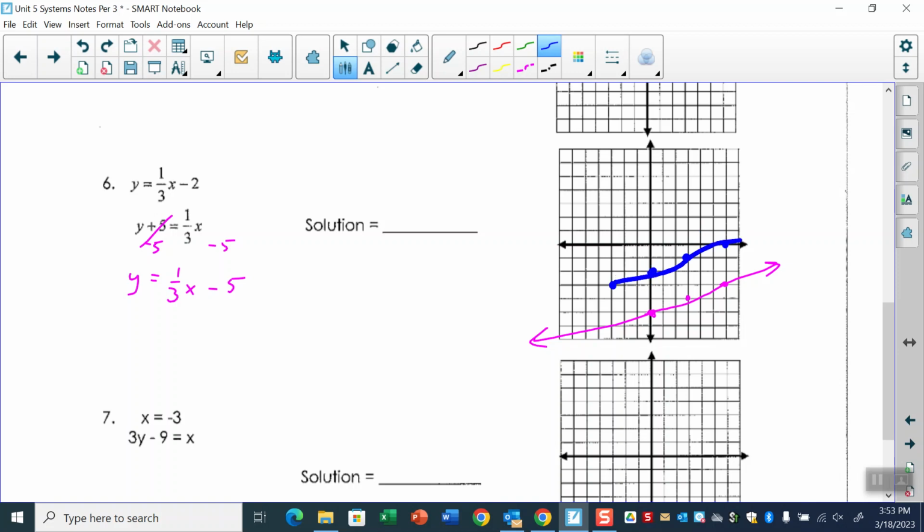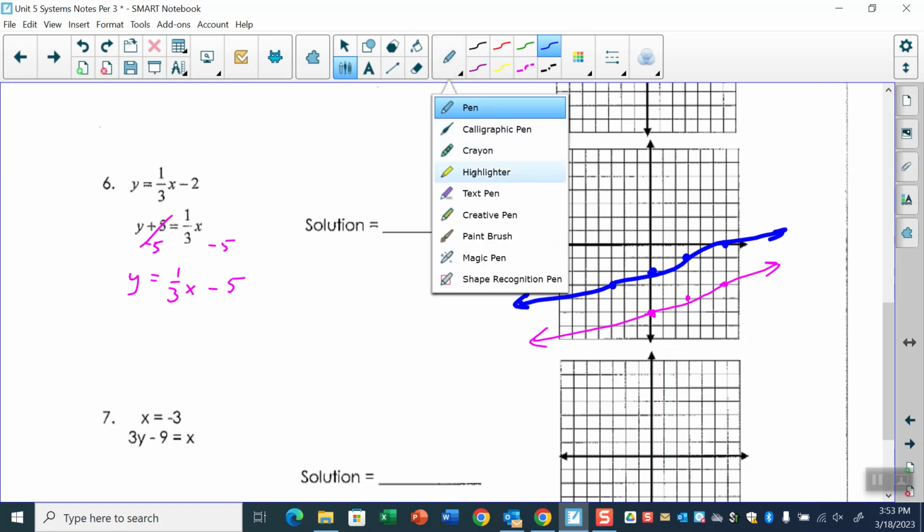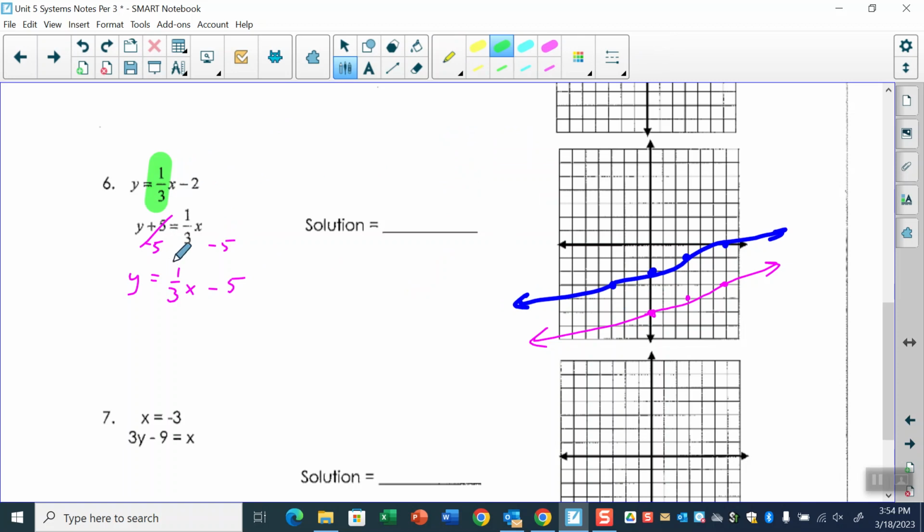Both slopes are 1/3, so they do not intersect. If they have the same slope, then they are parallel. So there is no solution, no intersection.